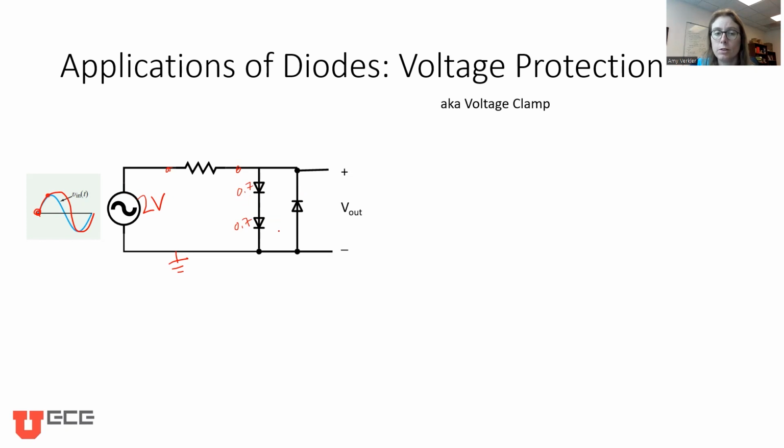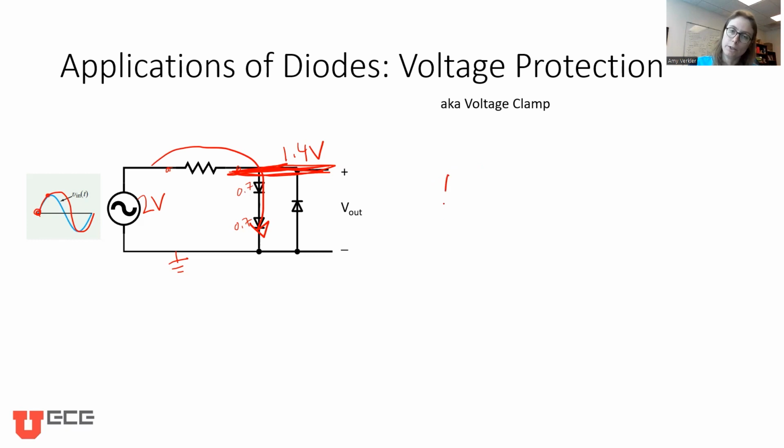So these diodes are on, current can flow like this. And because they're both on, they're actually fixing the voltage now at this top node up here to 1.4 volts, the combination of their forward voltage. So that means that anytime now the voltage is going above that 1.4 volts, these diodes turn on and clamp the voltage up here at 1.4 volts.